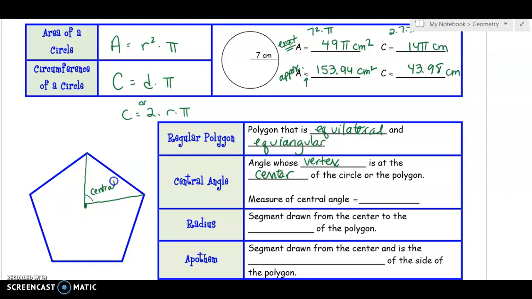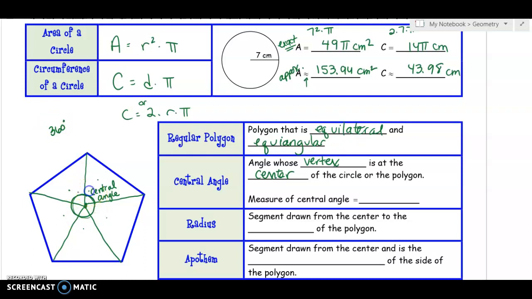Central angle. Now, if we make a bunch of these, so we draw a radius to every single corner, you'll notice we have 1, 2, 3, 4, 5 triangles. And notice we started with 5 sides. The number of triangles will be equal to the number of sides. If you look at this angle here in the middle, if you go all the way around, that's a circle, that's 360 degrees.